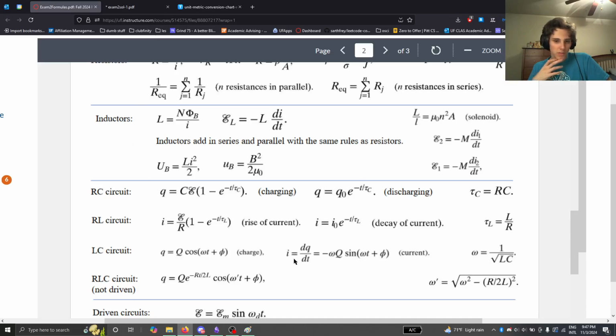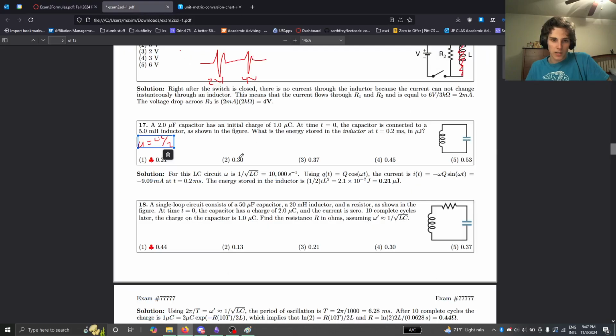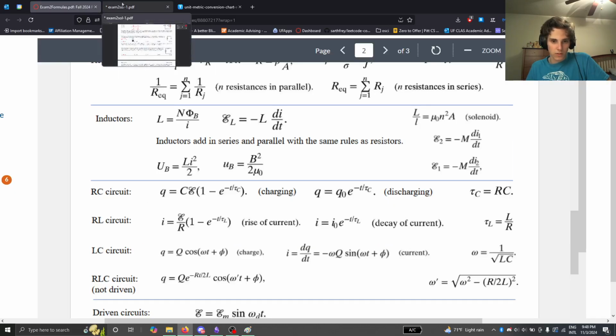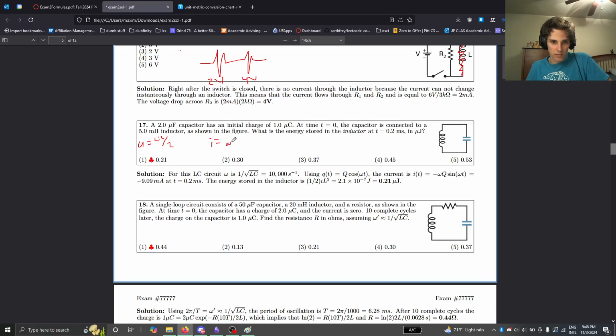Oh, look, the formula sheet has something to say about it. I is equal to, negatives aren't real, omega Q sine omega t. Phase angle aren't real. Ignore it.